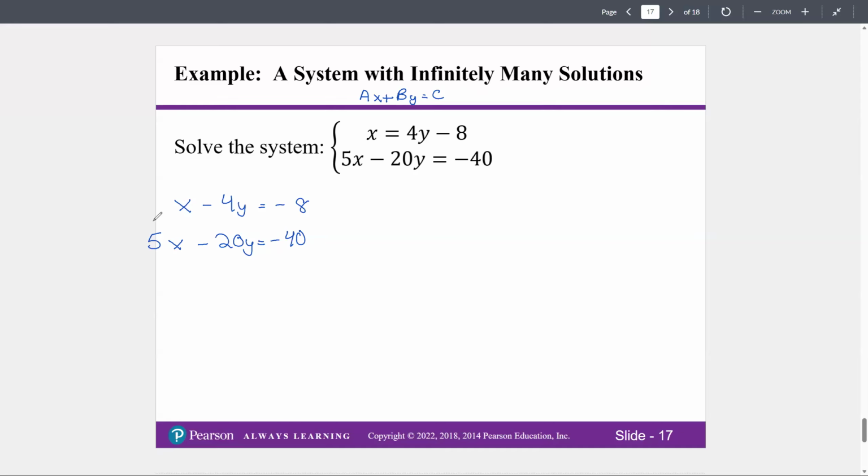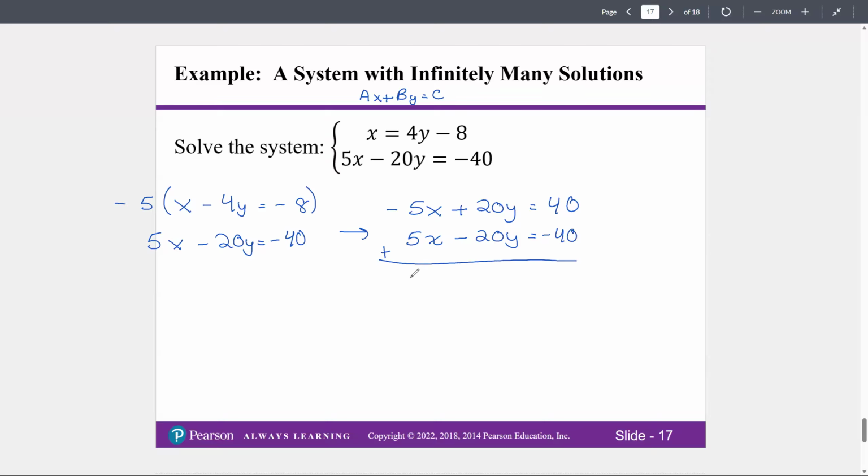If we want to eliminate the x's, all I'd have to do is multiply everything on the top by -5, and we would have -5x + 20y = 40. And on the bottom, we didn't change anything, so that stays 5x - 20y = -40.